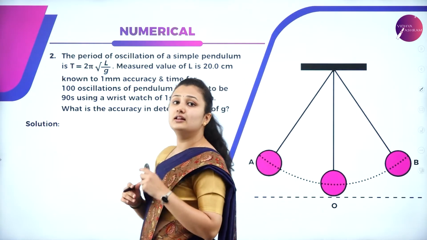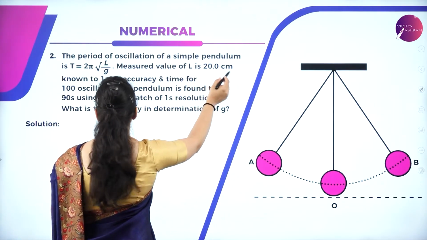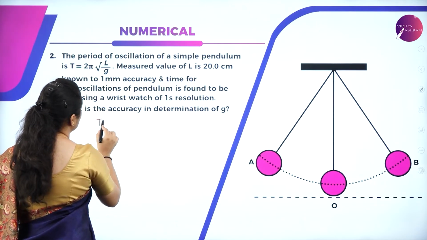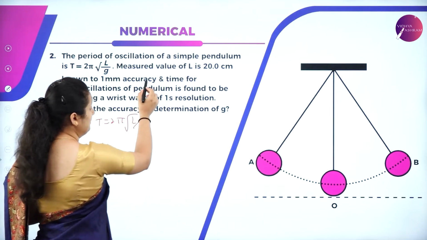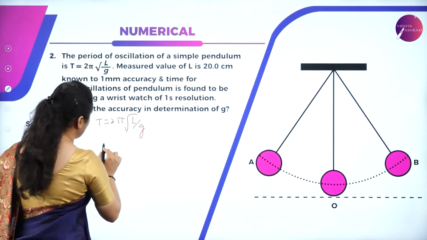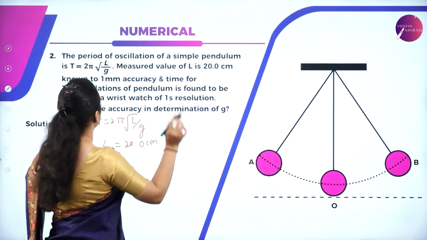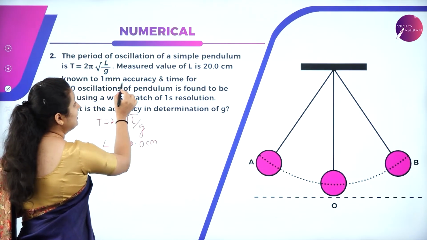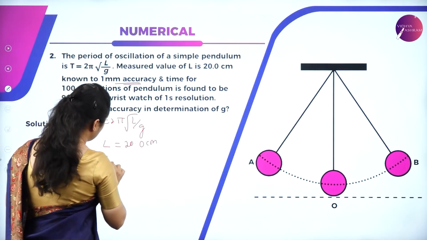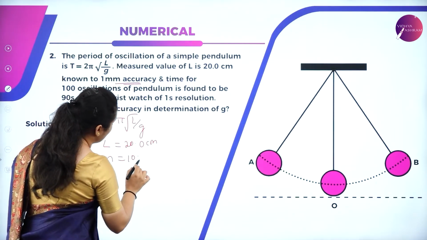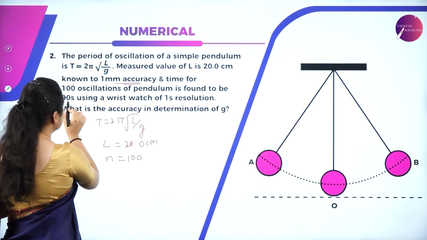See, in this numerical, he has asked me to calculate the period of oscillation. The period of oscillation of a simple pendulum is given by T is equal to 2 pi root of L by G. The measured value of L is given as 20.0 centimeter, known to 1 millimeter accuracy, and the time for 100 oscillations, N, of the pendulum is found to be 90 second.